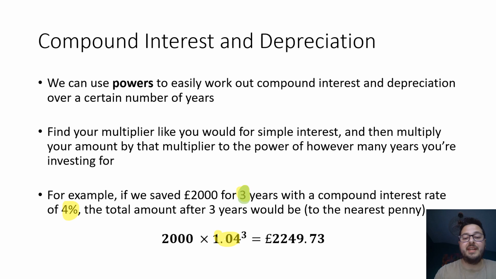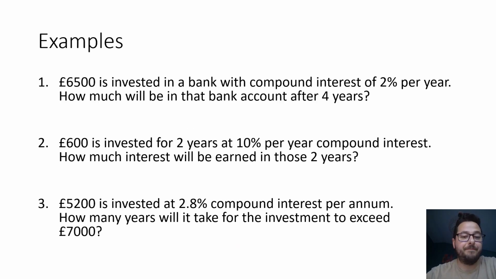Because it's 3 years, it's to the power of 3. So that's where those numbers are coming from. And I've just stuck all that into my calculator and I've ended up with this. £2,249.73. So you find your multiplier, you find out how many years it's going to be, and that's your power, and then just times the amount by that, and that's going to give you the amount after that many years.